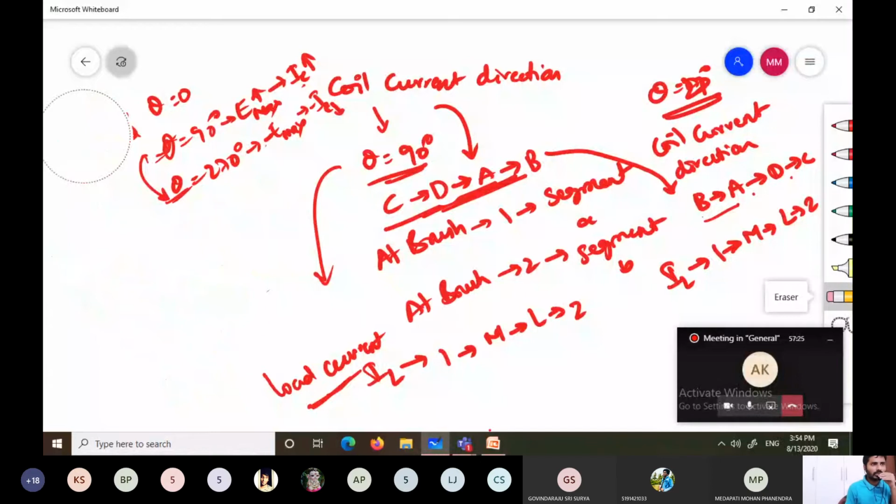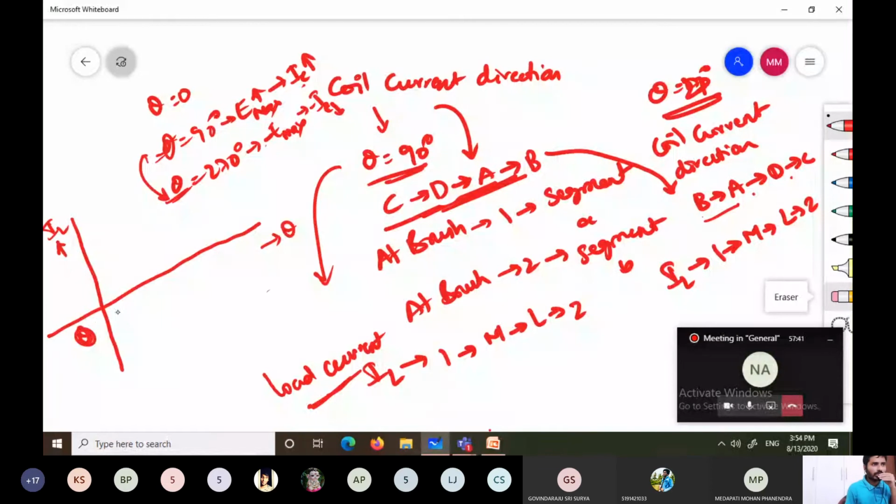This is theta, and this is 0, this is 90, this is 180, this is 270, and this is 360. At which cases are you having a load current? Theta equals 90 and theta equals 270. You are having a load current.